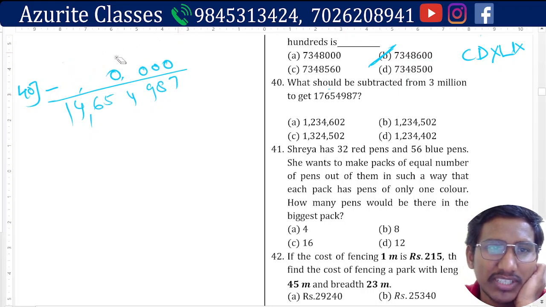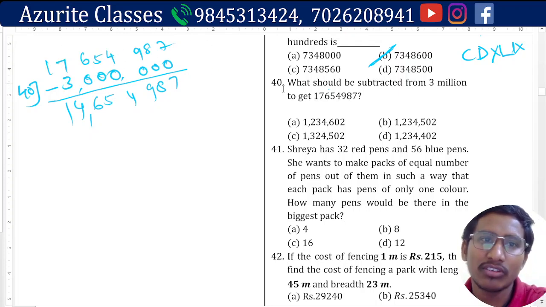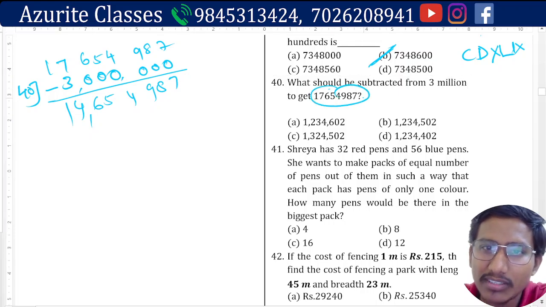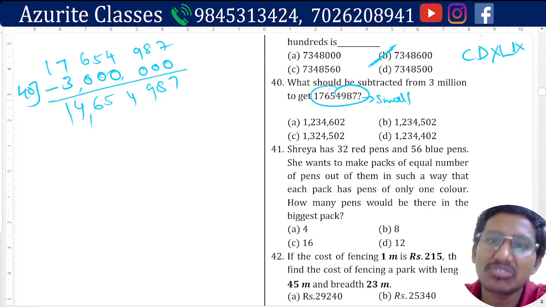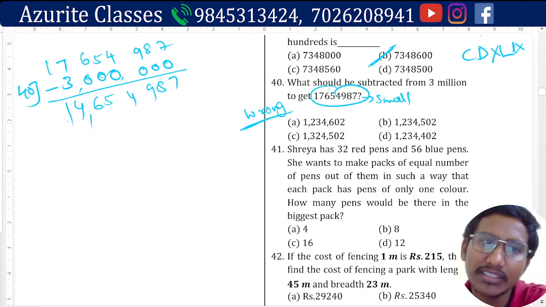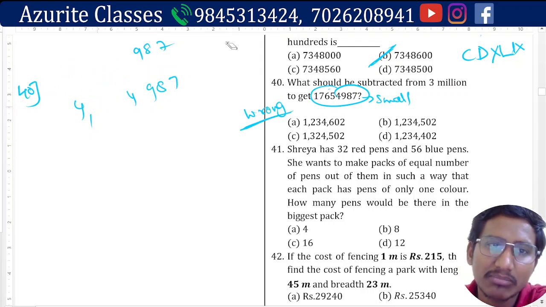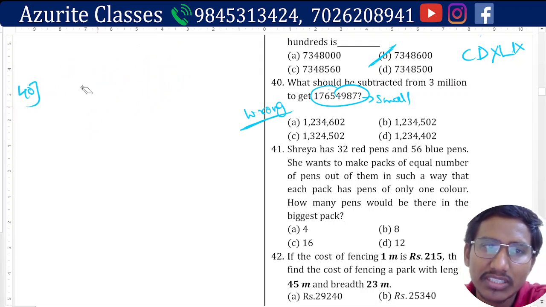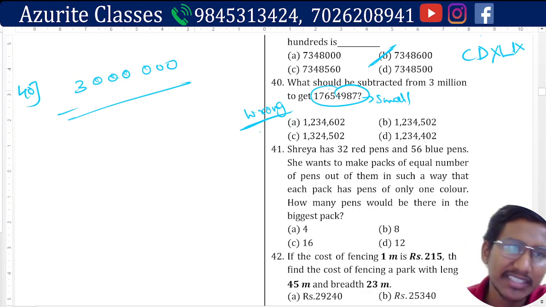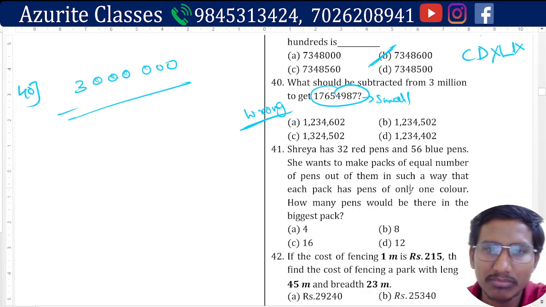So somewhere it is a mistake. It should be 7 digits, not 8 digits. It should be smaller than 3 million, but that is not given. So that is a misprint or something wrong. It should be subtracted from 3 million: you write 3 million on top and then subtract this number. Then you will get the answer. But that is misprinted, so no option is available.